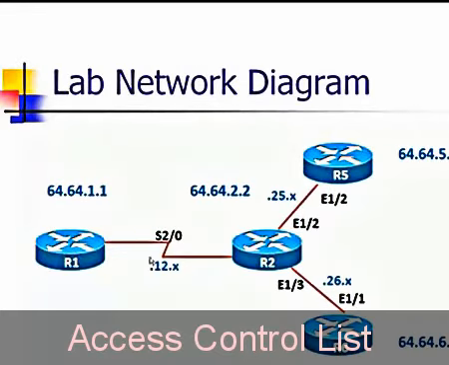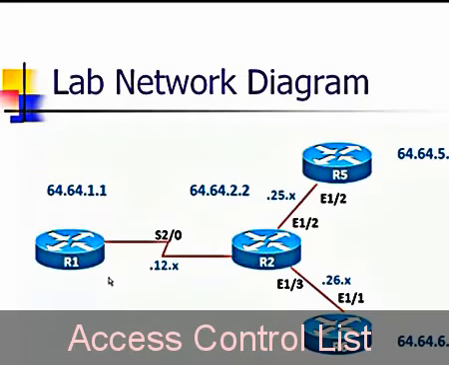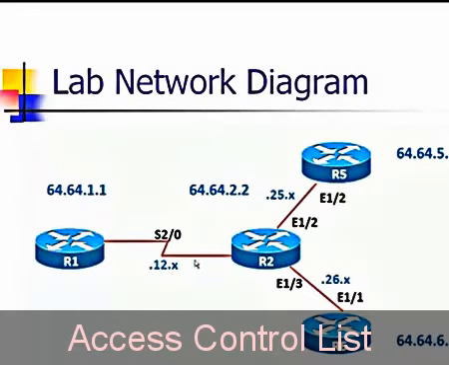On the interfaces that connect to each other, the third octet represents the combination of the router numbers. For example, the link between router 1 and router 2 has the IP 64.64.12.1 on router 1 and .2 on router 2.